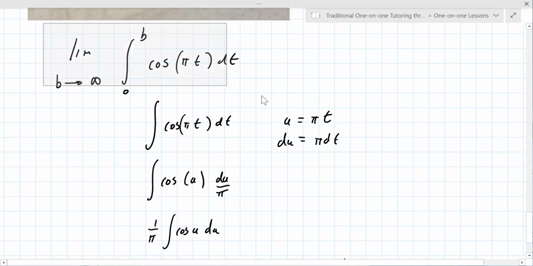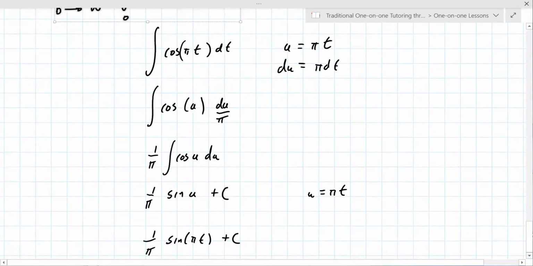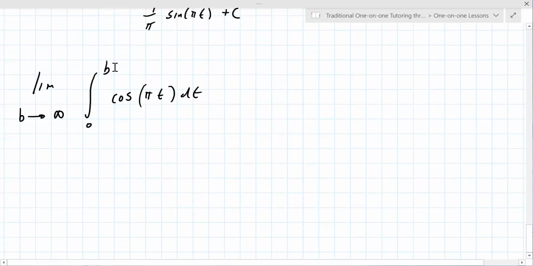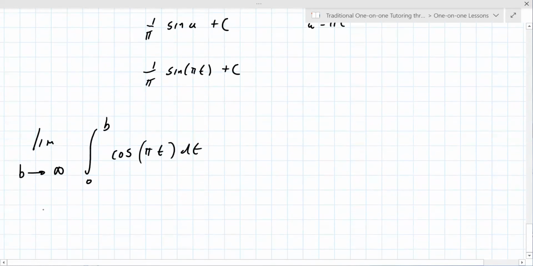So I'm just going to grab this line and move it down. Oh, there it is. All right. So this becomes the limit as b goes to infinity of 1 over pi sine pi t, and you're going to evaluate that from 0 to b.